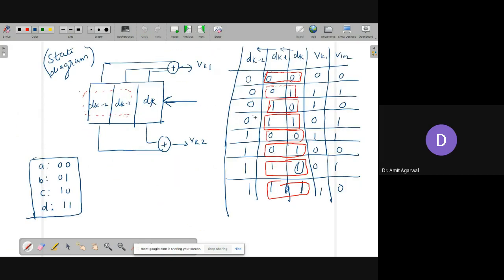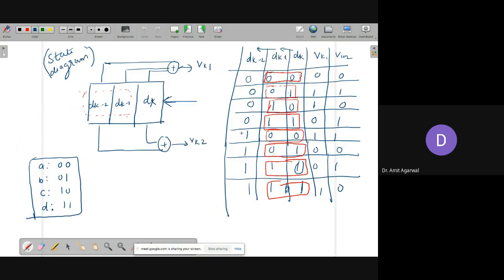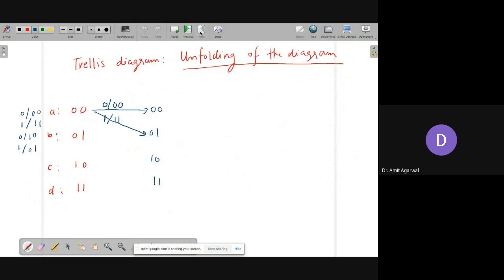In state B, 0 comes, you go to 10, and 1 comes, you go to 01. If you are in state C, 10, 0 comes, you go to 11, and your output is 11. So first I am writing all the outputs.